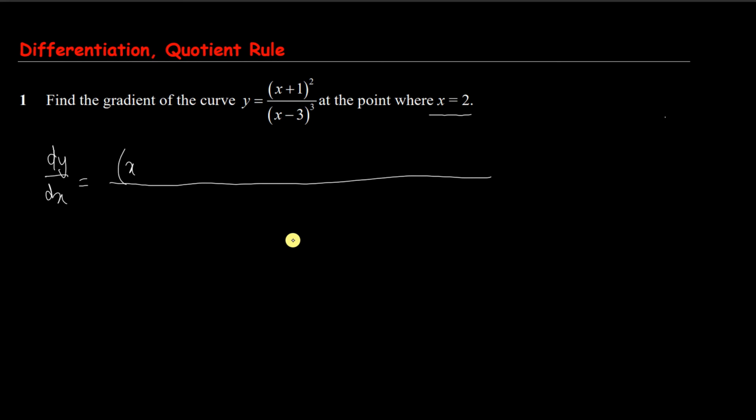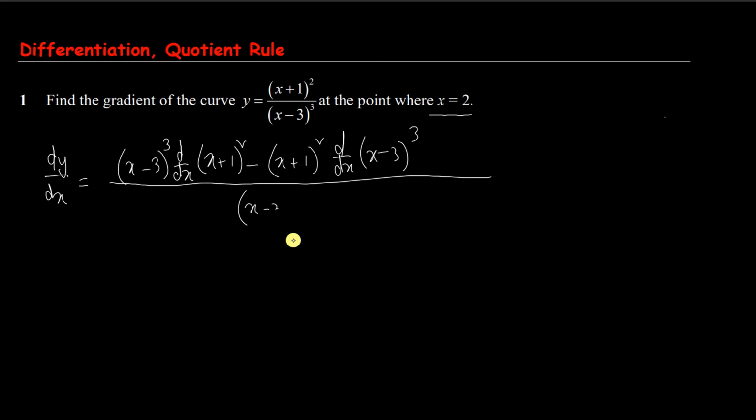First one is v times dy by dx of u, which is (x plus 1) squared, then minus sign, (x plus 1) squared, u dv by dx of v, which is (x minus 3) to the power 3, and below we need to write (x minus 3) to the power 6.